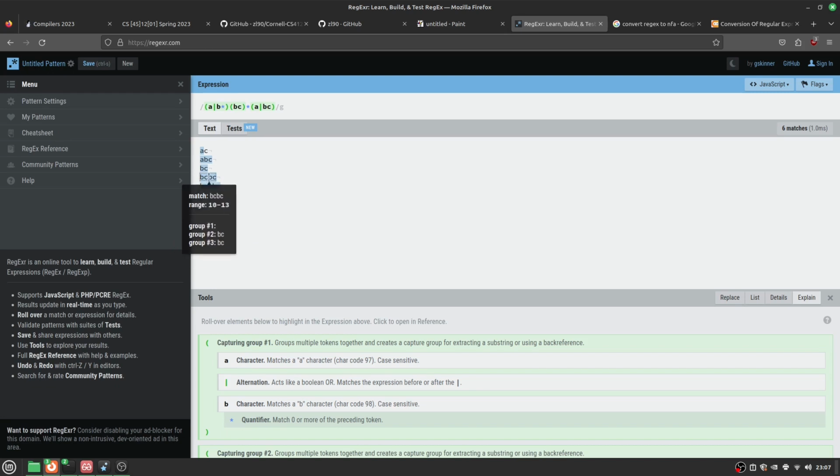Wait, why is that? Why is that two separates there?